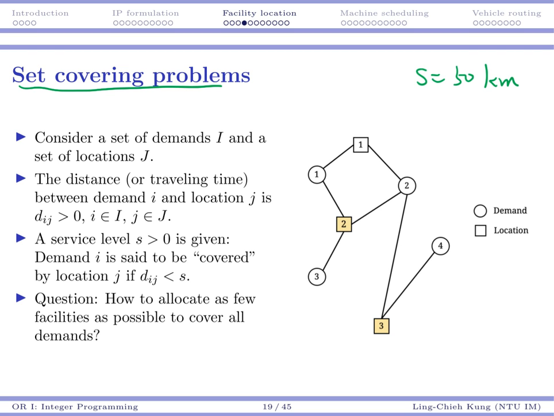So when we locate one facility, we say this facility covers that particular market, that particular demand, if the distance is lower than this threshold. So our question is, how may we allocate as few facilities as possible to cover all demands?